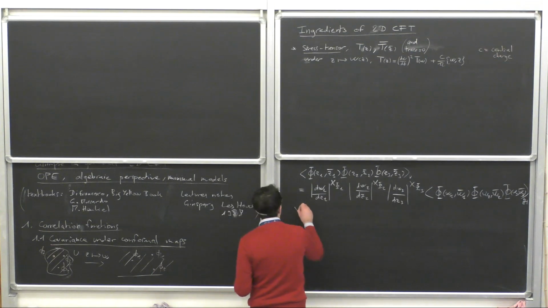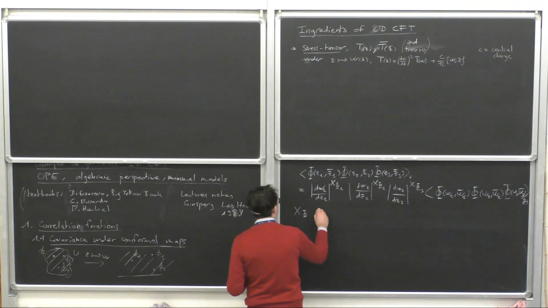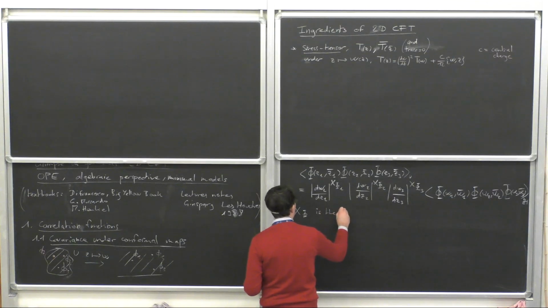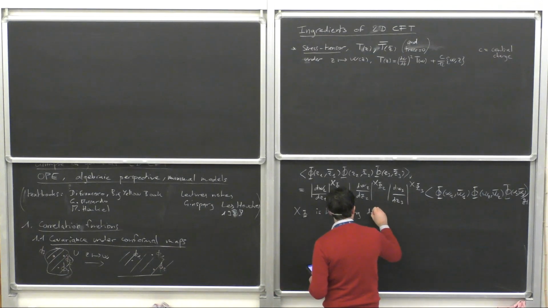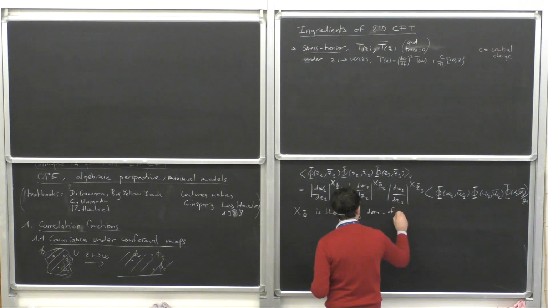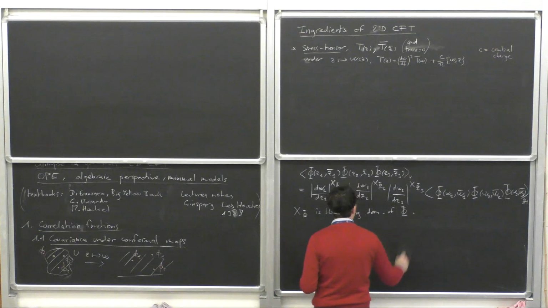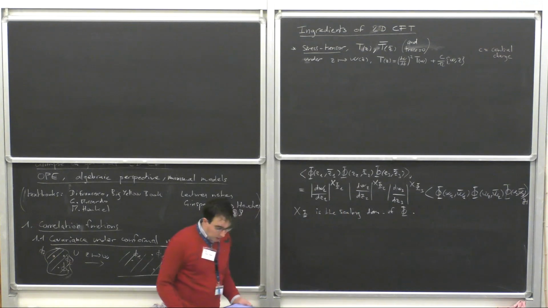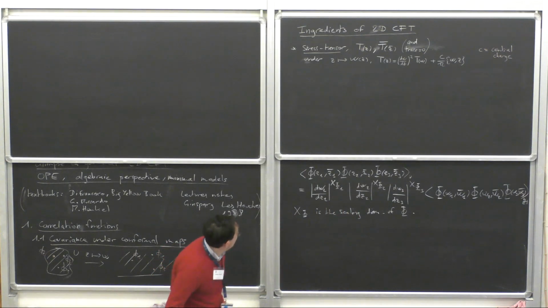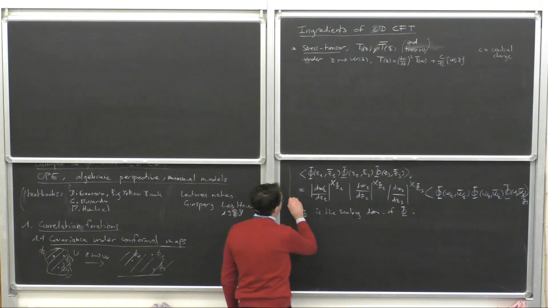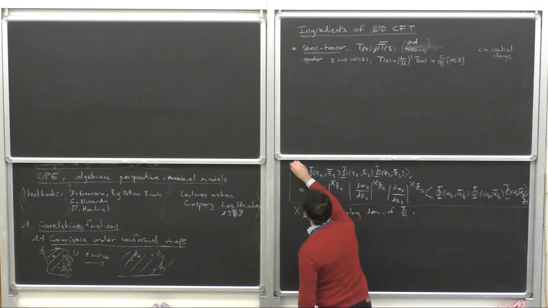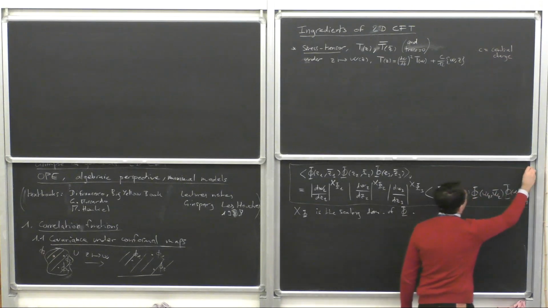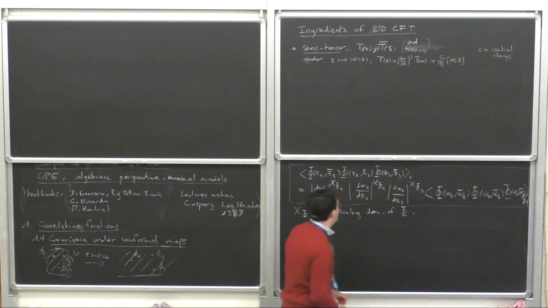So x phi is the scaling dimension of the field phi. And this relation holds basically if the operator is sufficiently local. So the most local operators in the theory will transform in this way.